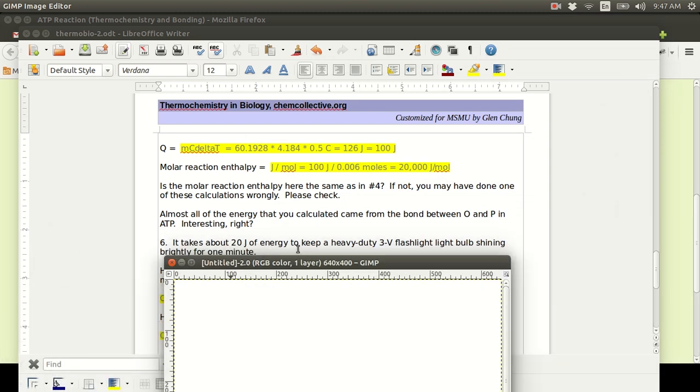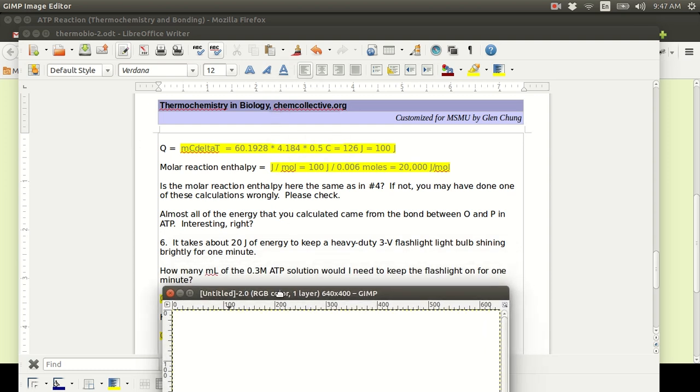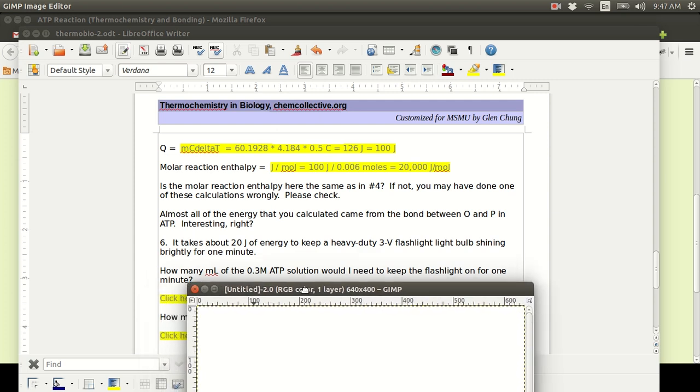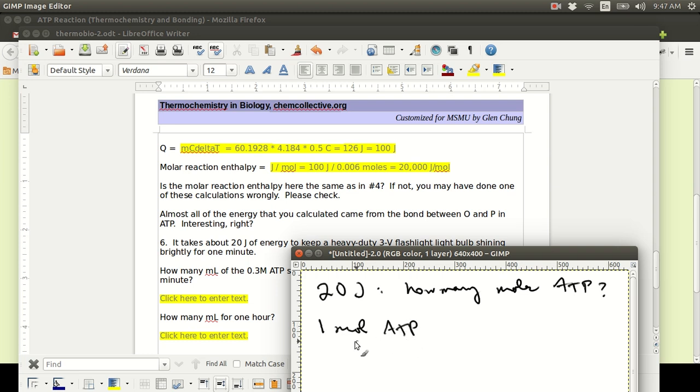It takes about 20 joules of energy. So I'm going to need 20 joules of energy. And what I want to find out is how many milliliters of 0.3 molar ATP solution. So first I need to find moles. So for 20 joules of energy, how many moles of ATP do I need? Well, I know that for 1 mole of ATP, I get 30,000 joules, right?